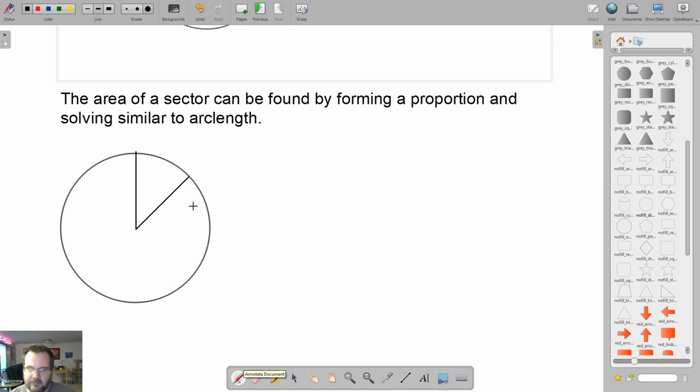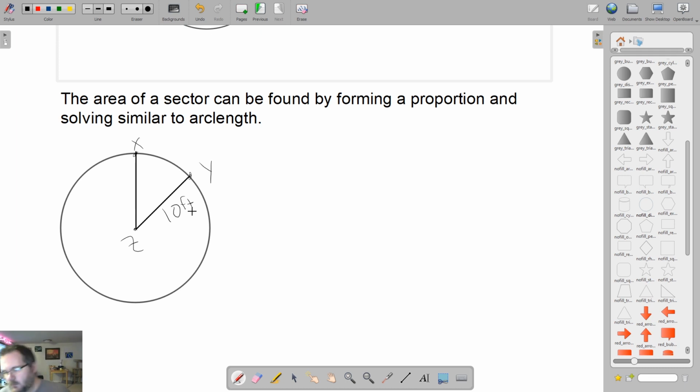Tell you that, give some names to these points. We'll call this one X, call this center, Z, call this other point here, Y. I'm also going to tell you that this circle has a radius of, say, 10 feet. And we want to find the sector area of sector XYZ.